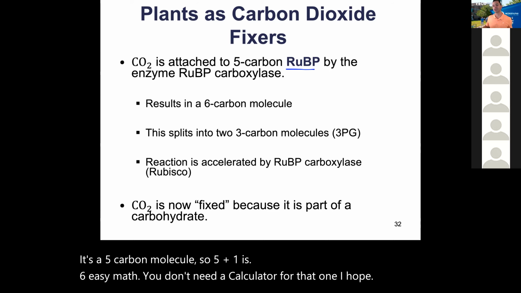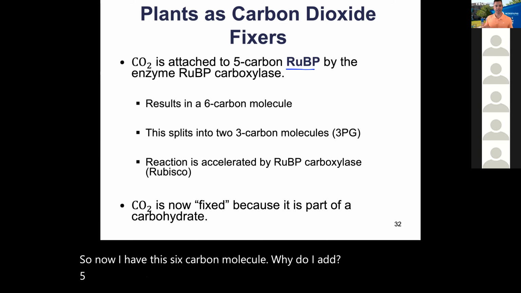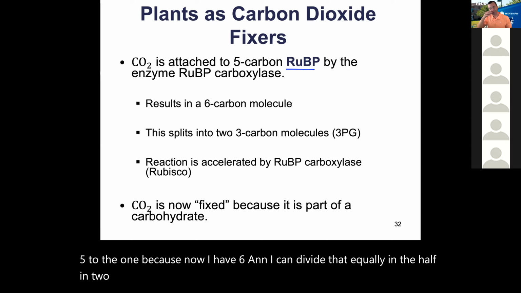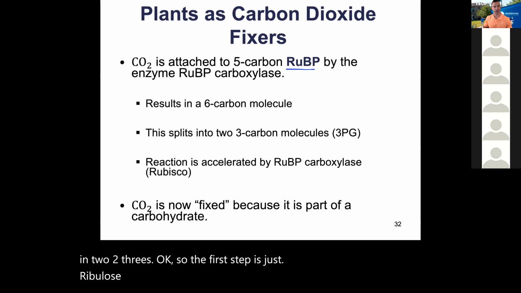So now I have this 6-carbon molecule. Why do I add 5 to the 1? Because now I have 6, and I can divide that equally in half into 2 3s. So the first step is just adding ribulose bisphosphate to carbon dioxide to give me a 6-carbon molecule.